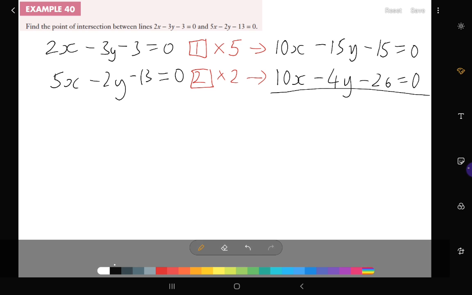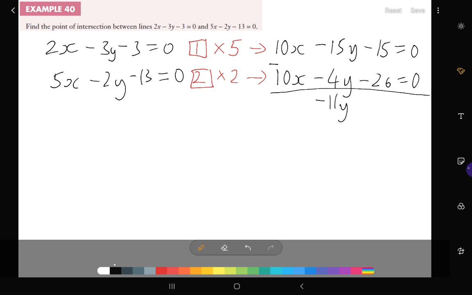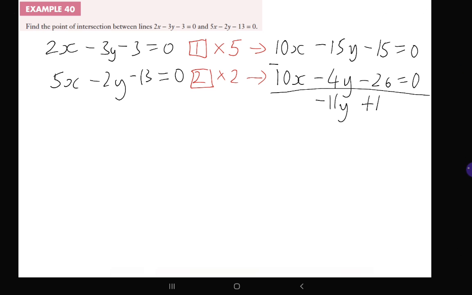What I'm going to do is take the top equation and subtract the bottom equation from it. So 10x minus 10x is going to be 0, they're going to cancel each other out. Minus 15y minus 4y, so it's minus 15y plus 4y, so minus 11y. Then minus 15 minus 26, so minus 15 plus 26, so plus 11 equals 0.